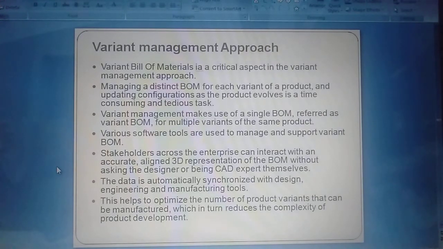That means the same bill of materials can be used for all the departments.